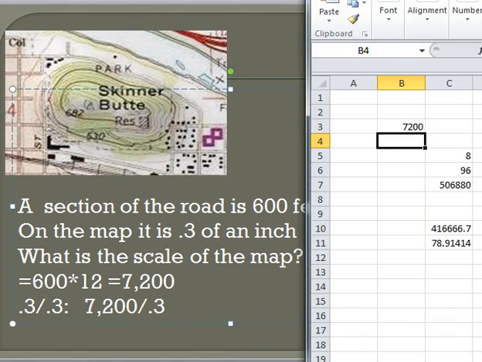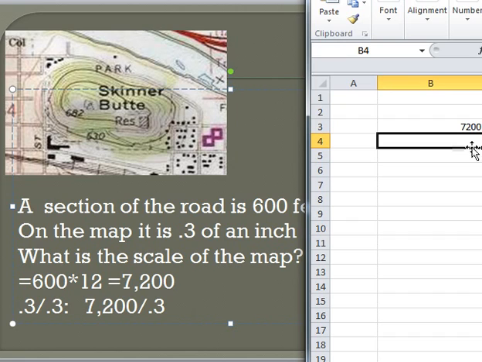So let's set that up. So I'm going to go equals 7212 divided by 0.3. So the right side of my ratio is 24,000, and the left side of my ratio, forgot the equal sign.